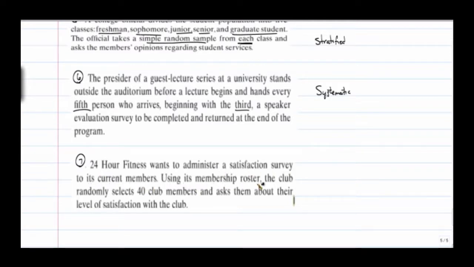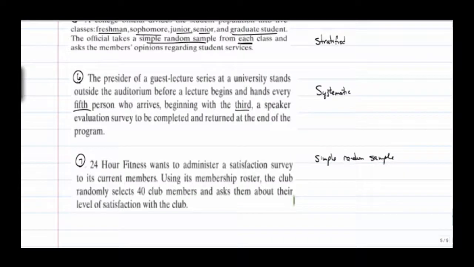Using its membership roster, the club randomly selects 40 club members and asks them about their level of satisfaction with the club. This would be a simple random sample. You're not dividing the members into groups or anything like that. This is just a simple random sample.